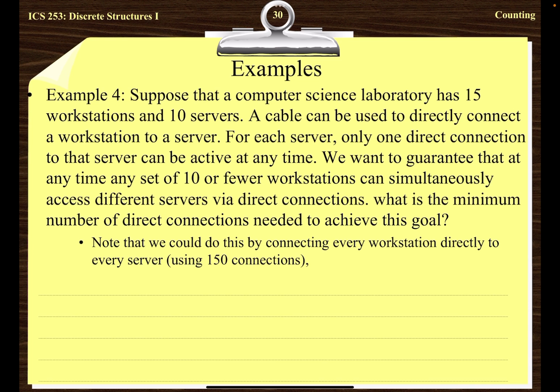Okay? So now think as if, magically I came up with 59. Right? So what I will do first is to prove that 59 direct connections cannot fulfill the requirement.